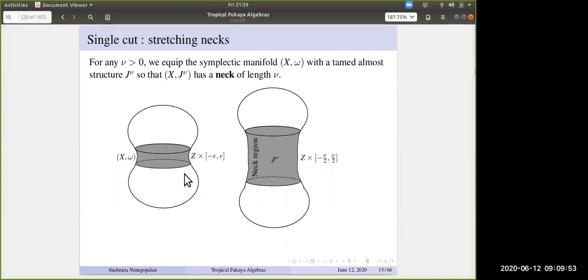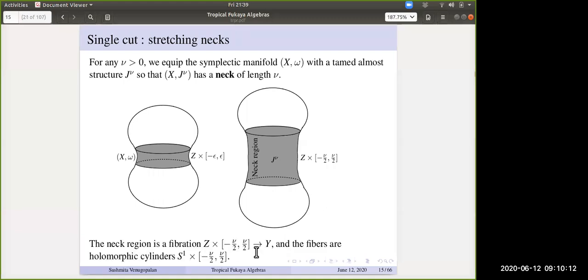What we do is we equip the manifold with a family of almost complex structures which have necks of length mu, and we let mu go to infinity. When I say a neck of length mu, it means that the neck region is a fibration over Y. I remind you that Y is the relative divisor, and the fibers are cylinders of length mu.